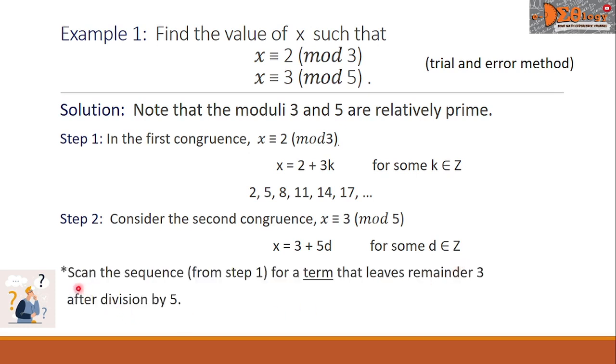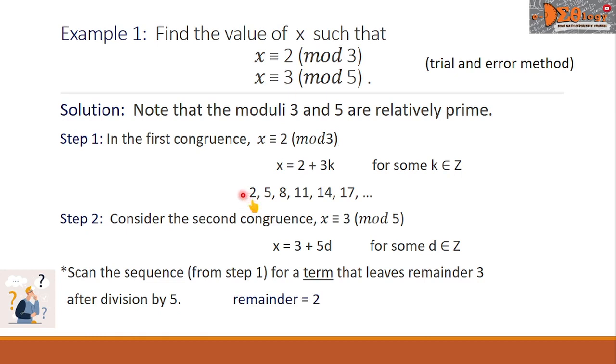Now this is what we're going to do. We're going to scan the sequence from step 1, meaning all these numbers, for a term that leaves remainder 3 after division by 5. So we start with the first term 2.